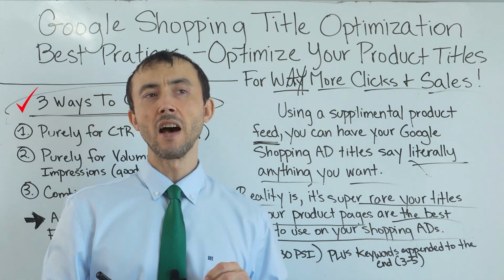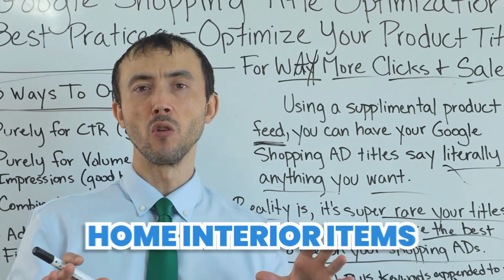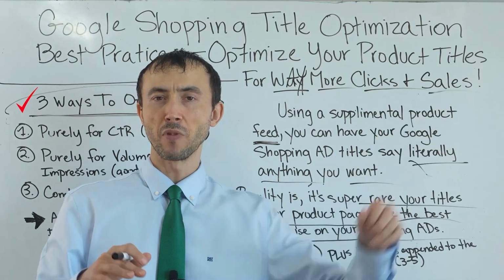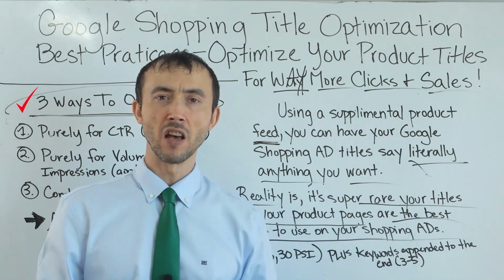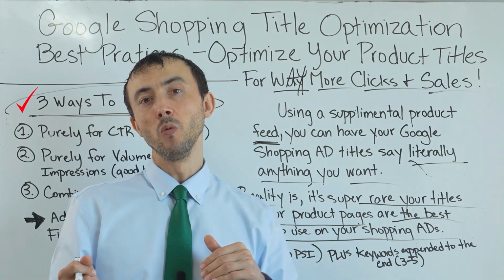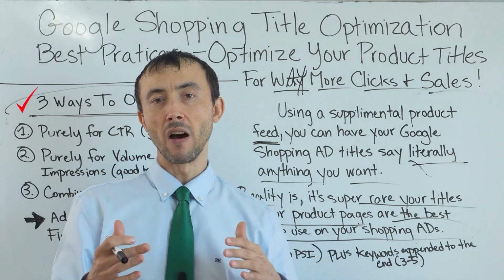A really good example of this is when we sold home interior items, like luxury knick-knack type things that you put on tables. We would have an item that sells well, and the item would be a shade of brown.